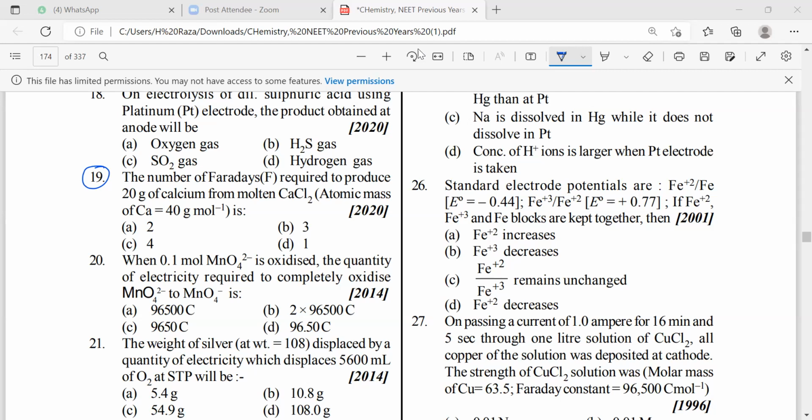Madhya? Yes, sir, I'm doing it. What is your answer? No, sir, I'm calculating, 1 minute.